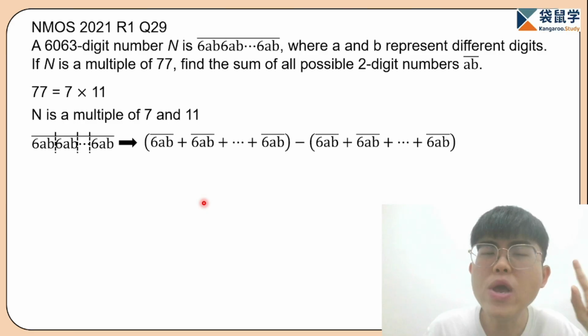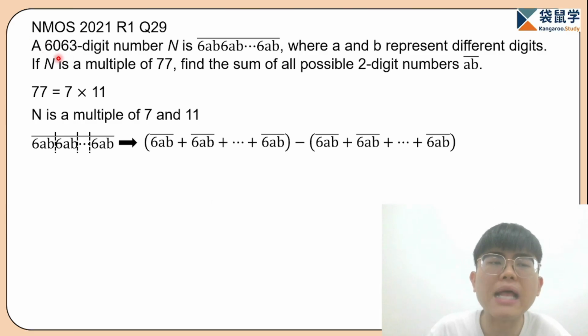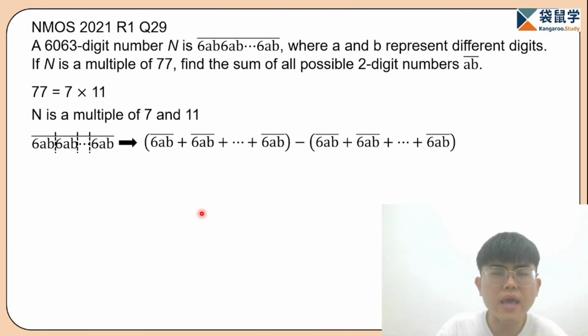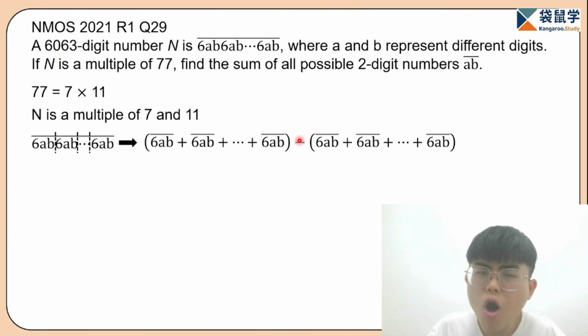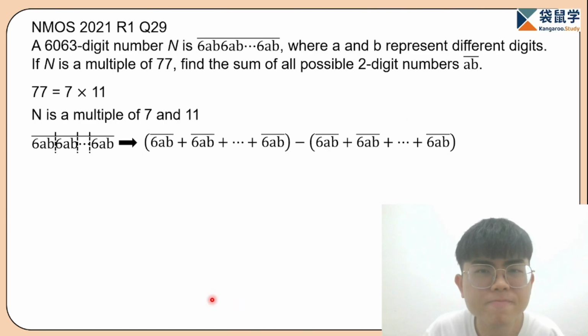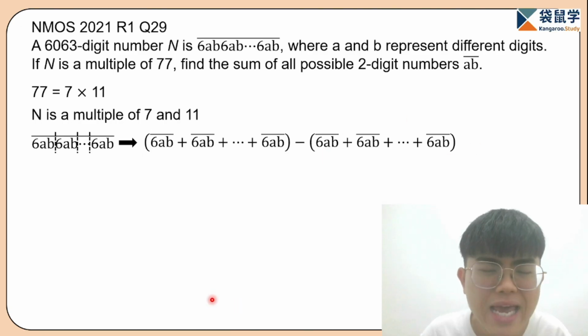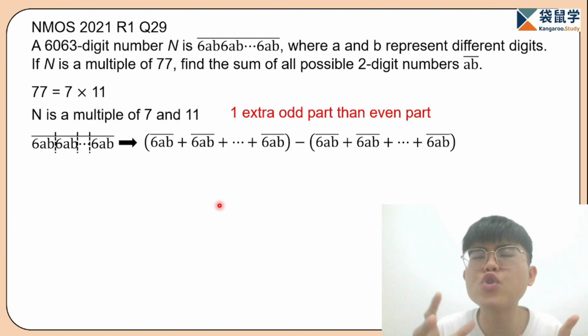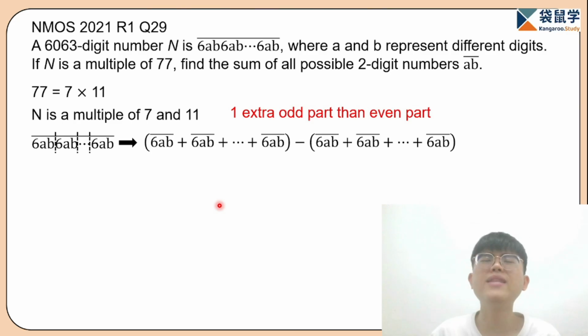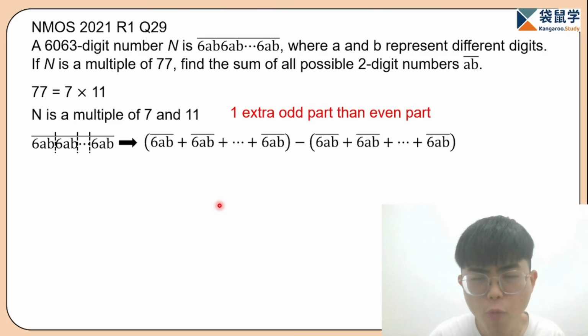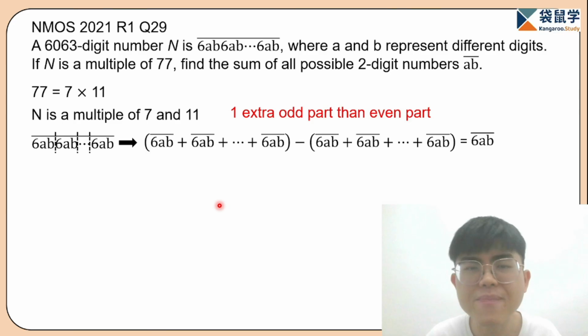There will be 6,063 digits. So is it the odd part that will have more 6AB, or the even part? There will be one extra odd part than the even part, which means that our result right here will be just 6AB.